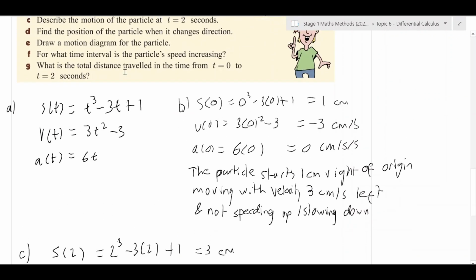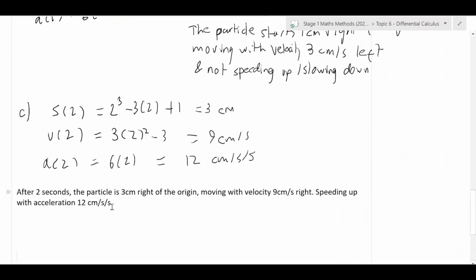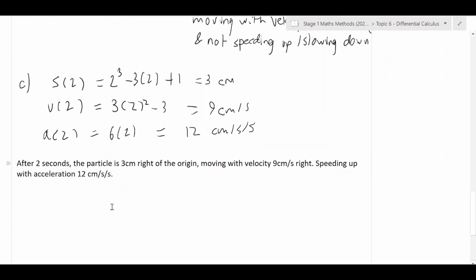Part D is to find the position of the particle when it changes direction. So we can do that. Now, changing direction happens when the velocity is 0.